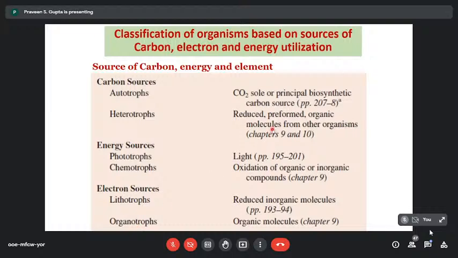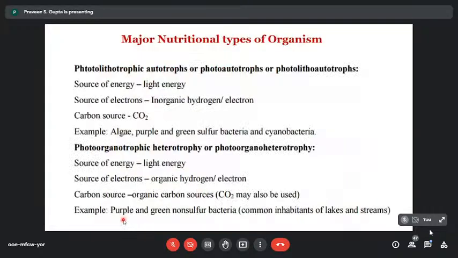So you can see organic molecules can be the carbon source, energy source, as well as electron source. On that ground, you have the names autotroph, heterotroph, phototroph, chemotroph, lithotroph, and organotroph. But combined, it will look like this.